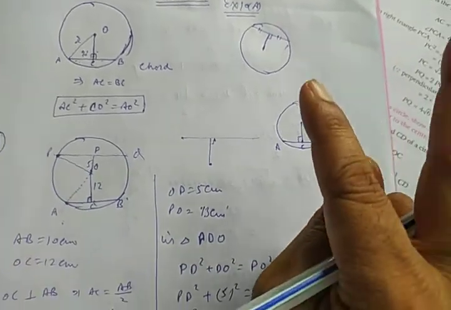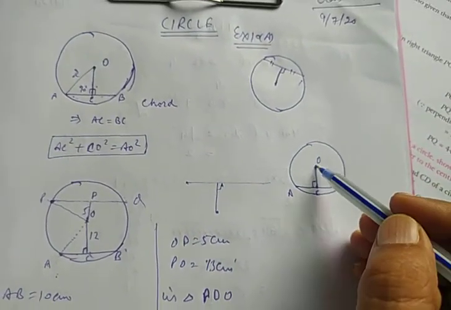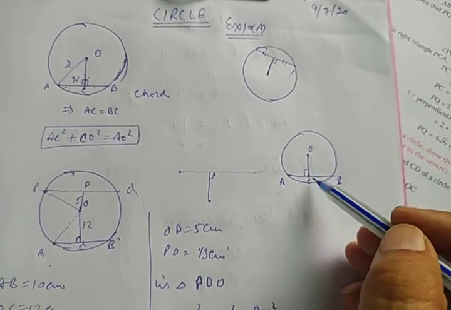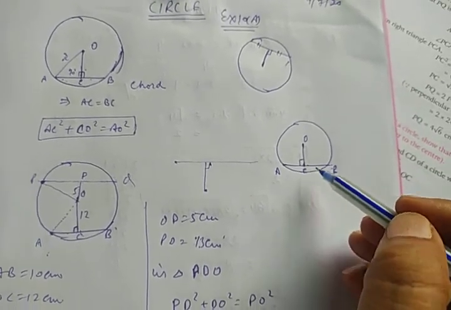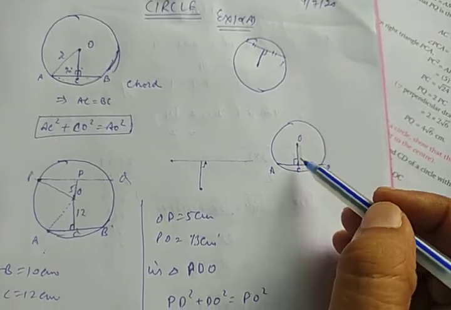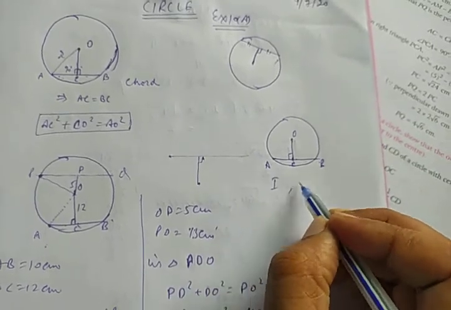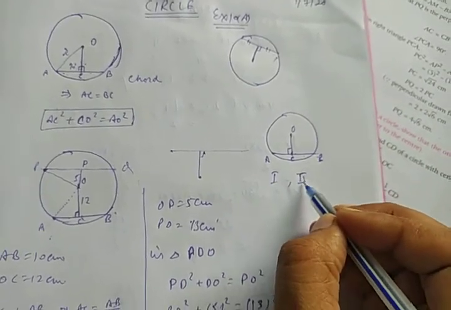Two things you are finding here. If perpendicular is drawn to the chord, it bisects it, means C is the midpoint. If the center is joined to the midpoint C of the chord, then the line segment OC would be perpendicular. These two ways the theorem would be given in your books.